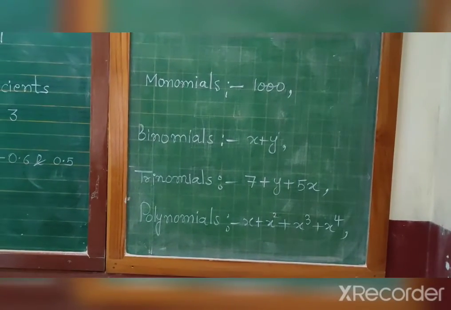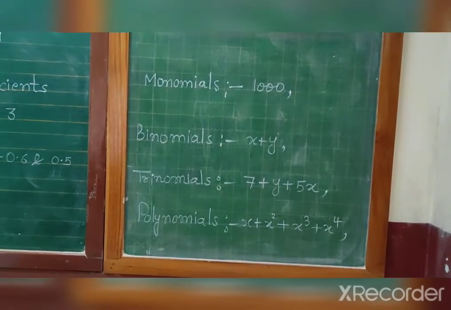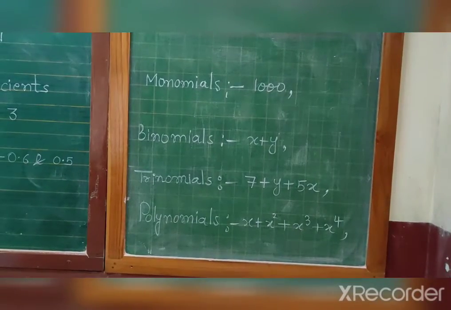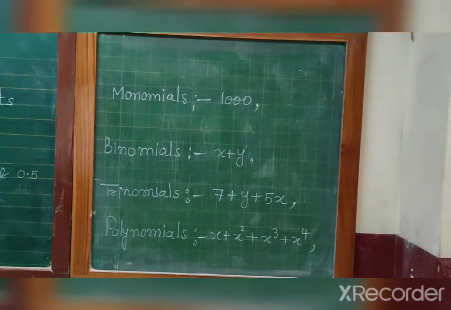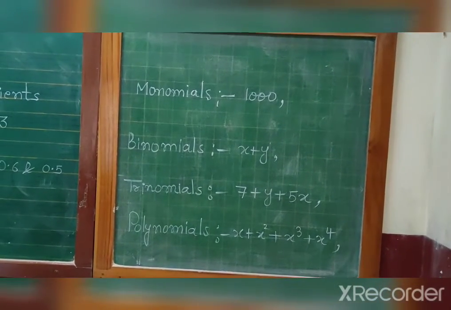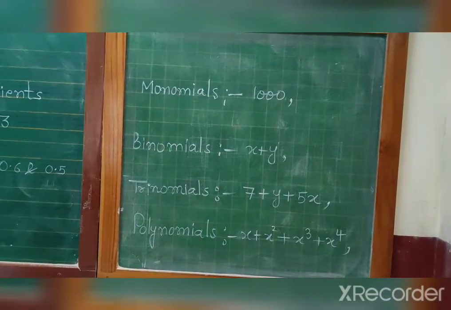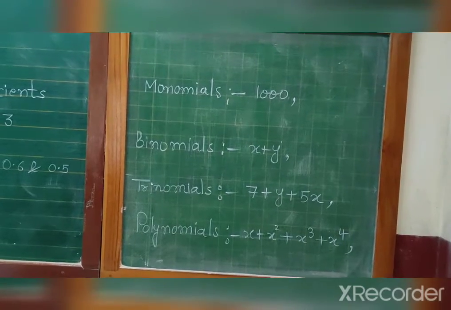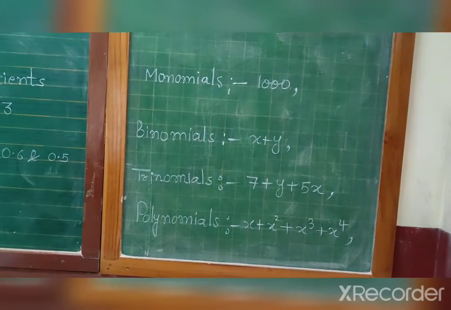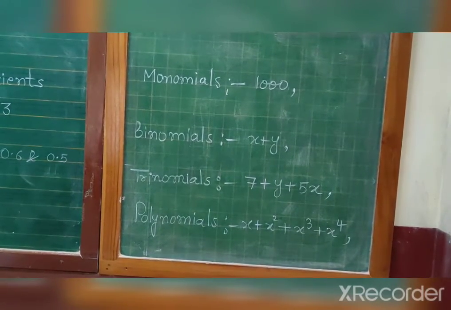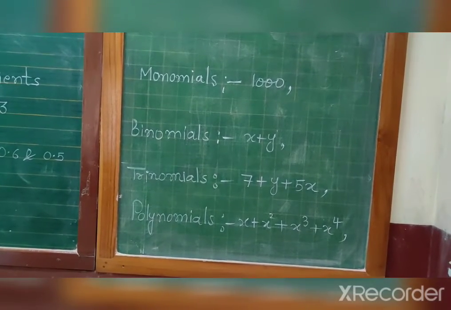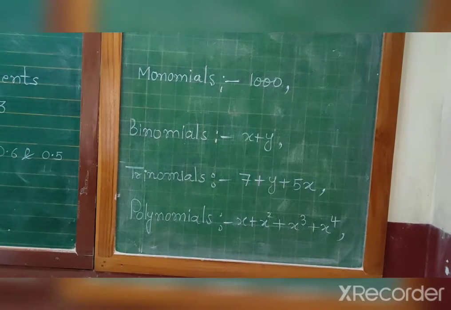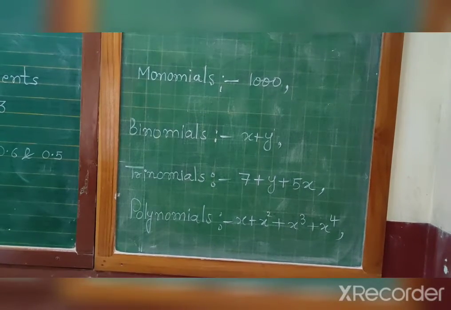So the first is a binomial, x plus y, and the second expression is a monomial, only one term, because 1000 into 1 we can write, and any variable with exponent 0 has the value 1. So 1000 x to the power 0, that means monomial, one term.